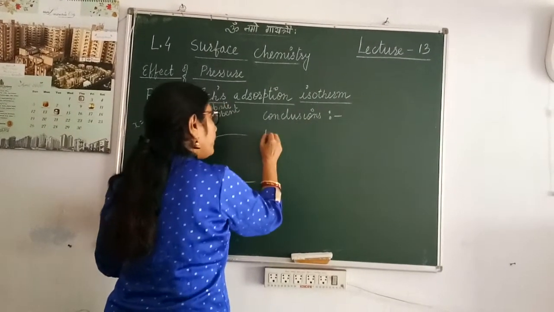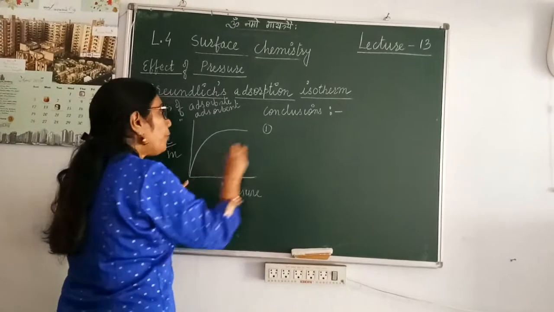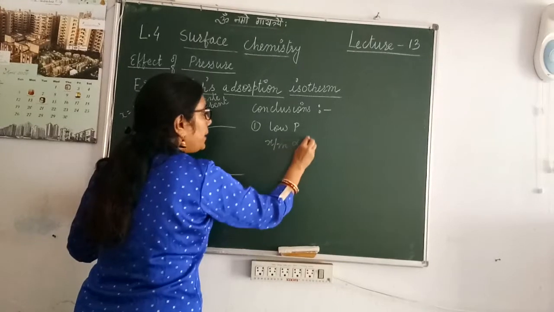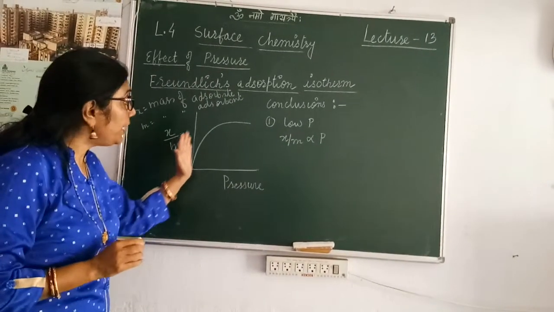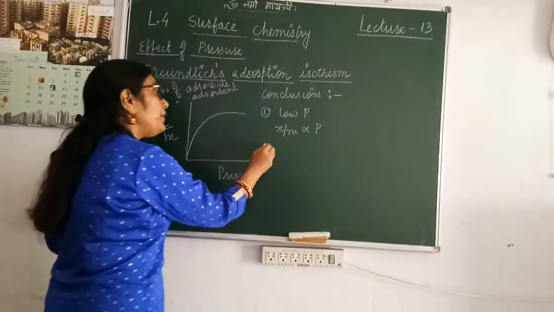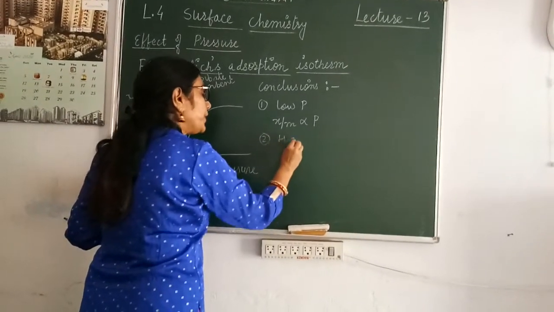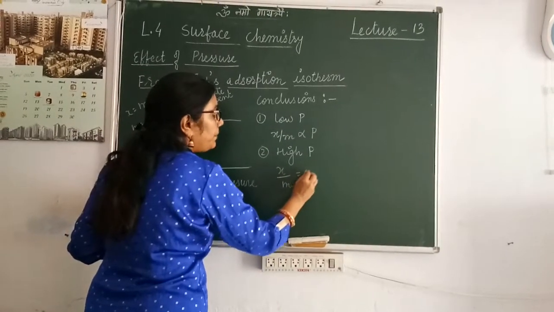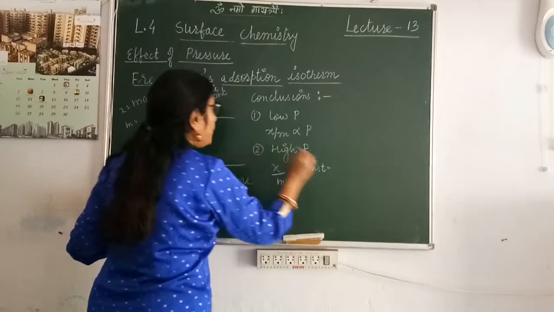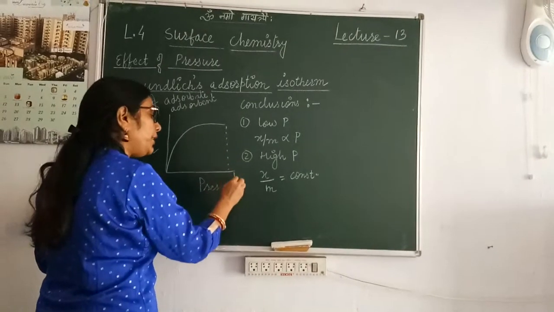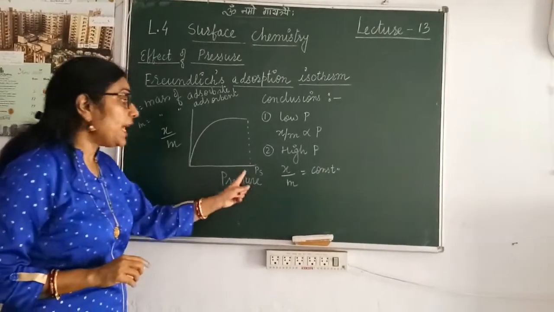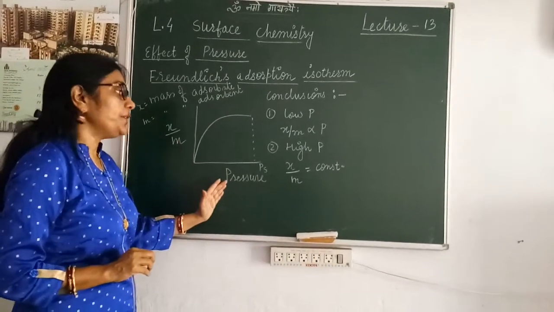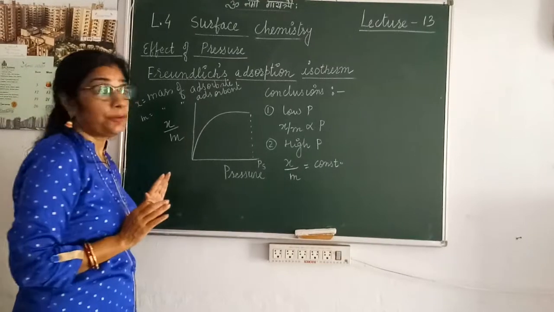At low pressure, x by m is directly proportional to pressure because it increases linearly, and at high pressure x by m is equal to a constant, because you can see here that it becomes saturated, and therefore it is also known as saturated pressure. So at high pressure, we get a constant.